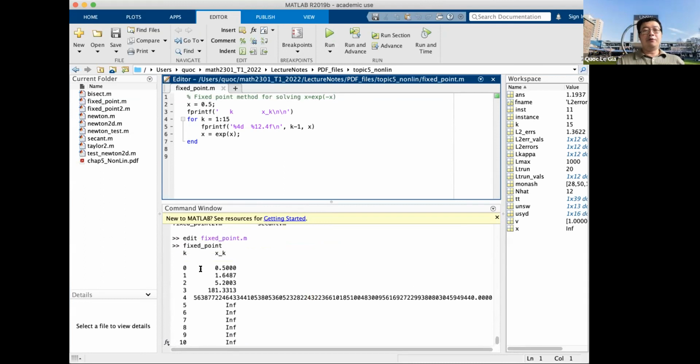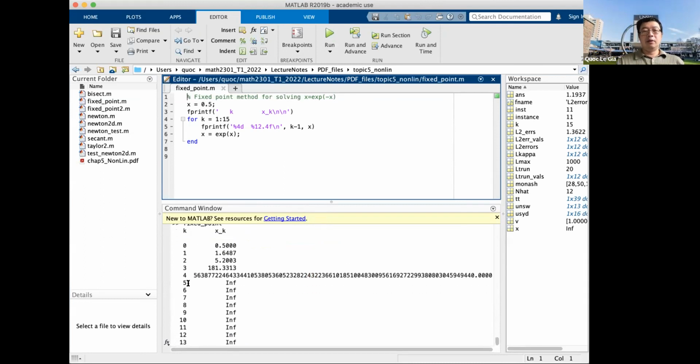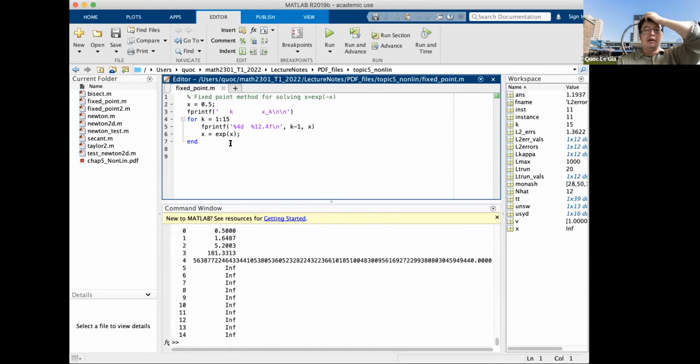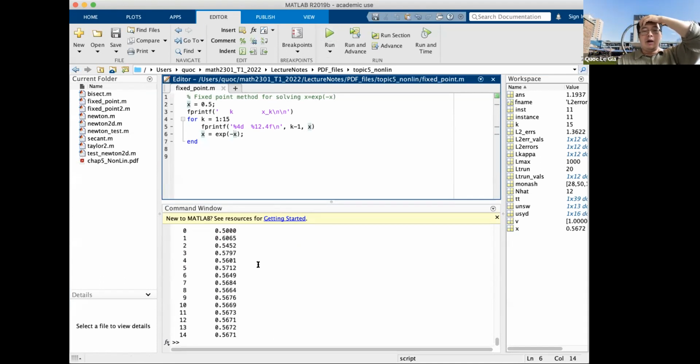And you see, after about 5 iterations, it just blows up to infinity. It just gets bigger and bigger. If I put minus x here, then everything is okay. It just stays at a fixed point, 0.5671. So you can see that not every function g of x gives you convergence. You can play around with a few more examples and you can see that.